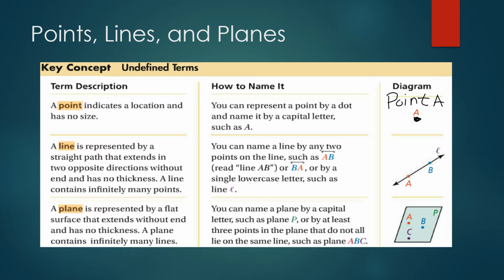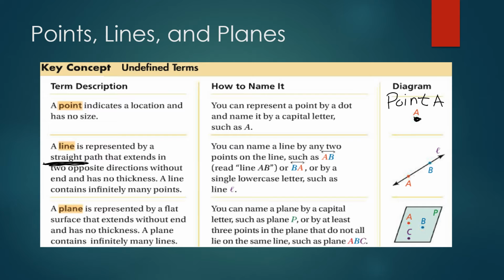So moving on, we have lines. A line is represented by a straight path that extends in two opposite directions without end and has no thickness. It also tells us that a line contains infinitely many points. So a few things here that we want to unpack. We're talking about straight lines. This is a straight path here.